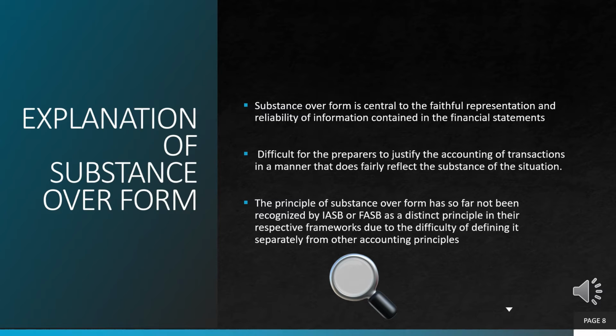However, the principle of substance over form has so far not been recognized by the IASB or FASB as a distinct principle in their respective frameworks, due to the difficulty of defining it separately from other accounting principles.